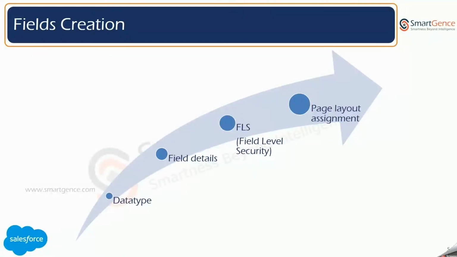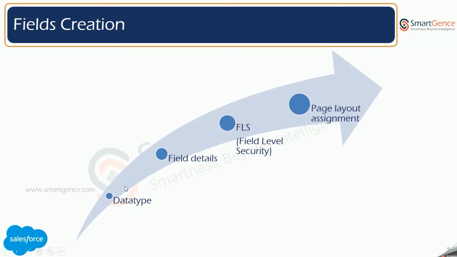Let's discuss field creation. Object creation is pretty straightforward. Obviously, it has different sections to be filled out, but we can discuss more about it in the upcoming video. Whereas field creation is a multi-step process, unlike object creation, which is a one-step process.